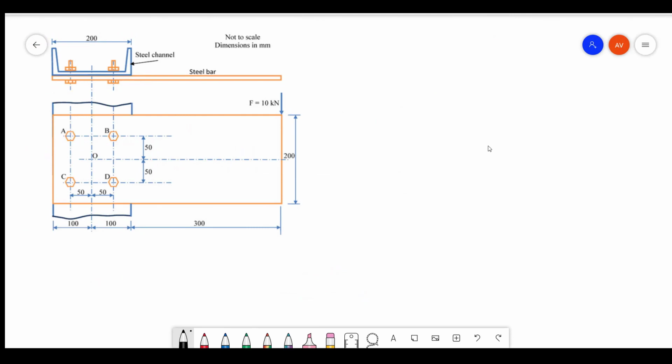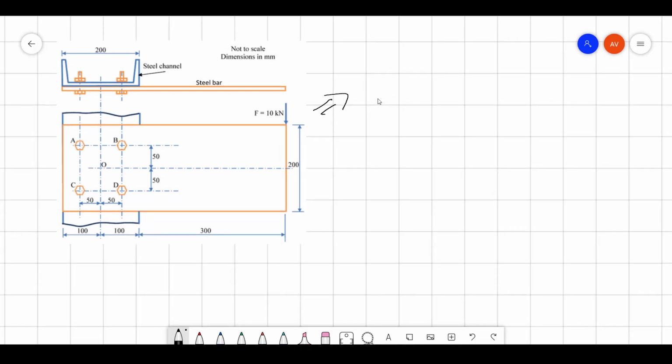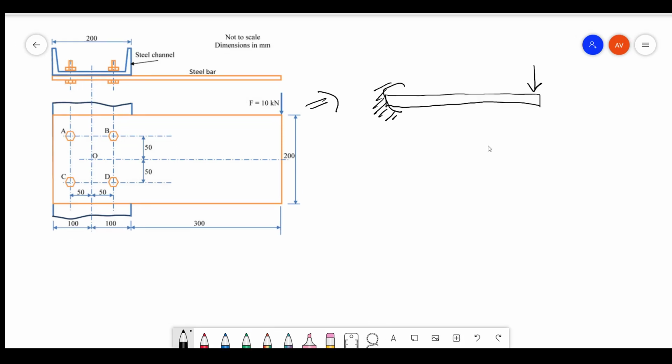So what do we have first? At first, you can view this whole system as a bar loaded at one end and constrained at the other end. So if you equate the forces, net force is equal to 0.